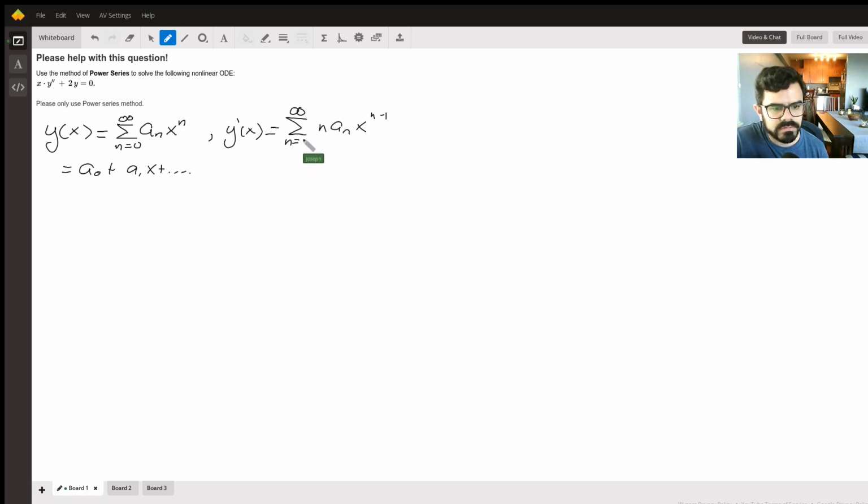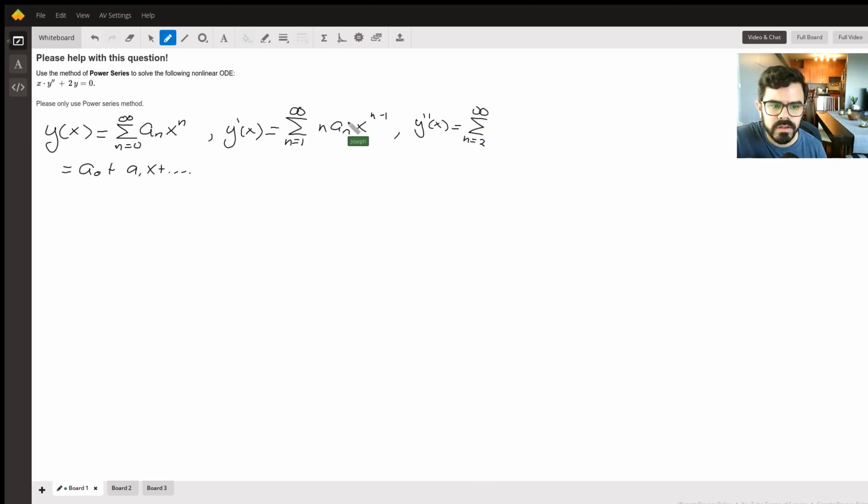Therefore, we actually need to start at 1. Furthermore, if you put 0 here, you have a 1 over x, which is not part of the power series. So that's why that is a 1.